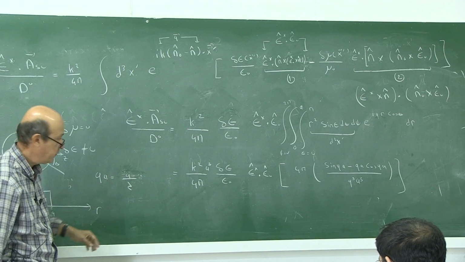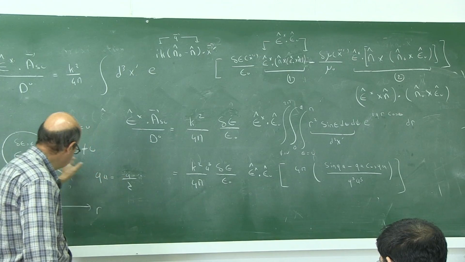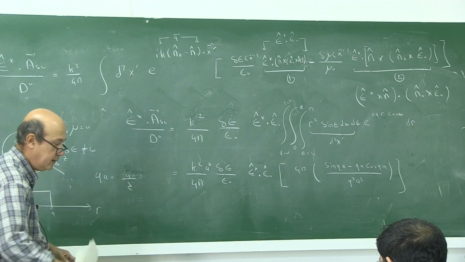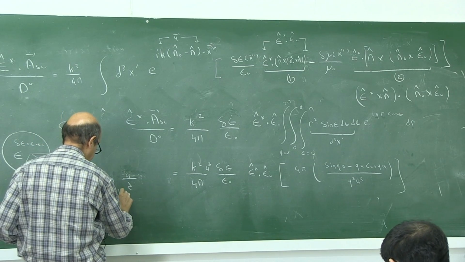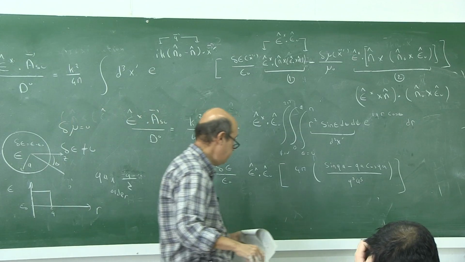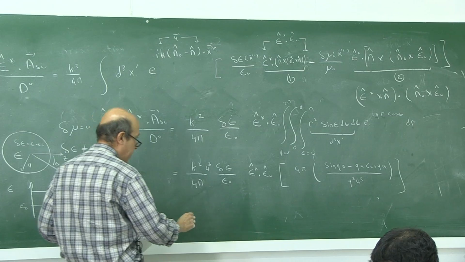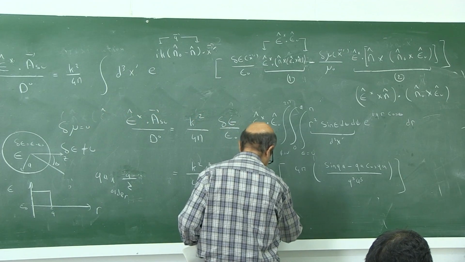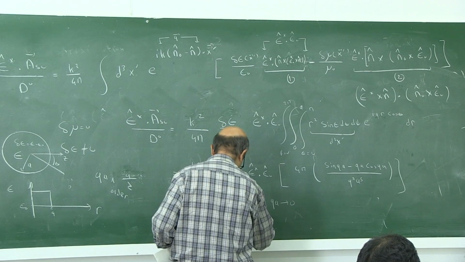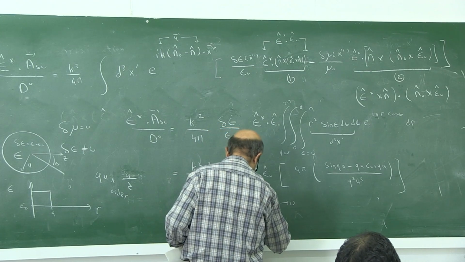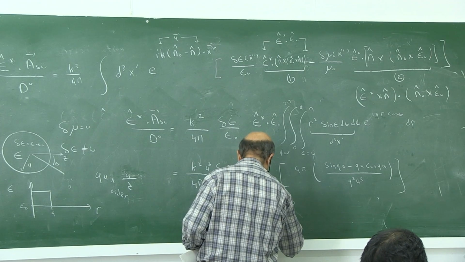So the order of magnitude of qa is nothing but the size of the scatterer divided by the wavelength. Basically, in the long wave limit, qa goes to 0.